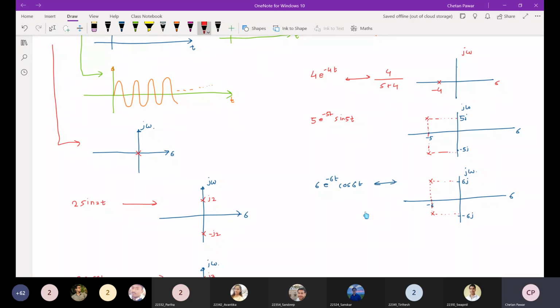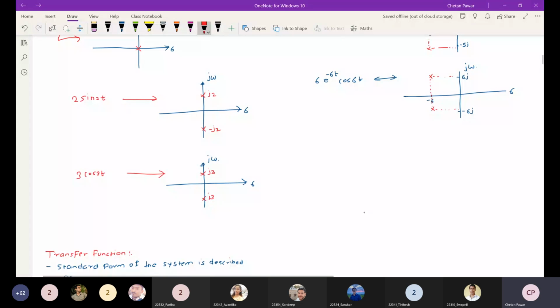So note, if the poles of the system lie only on the imaginary axis, that will give us steady state terms.